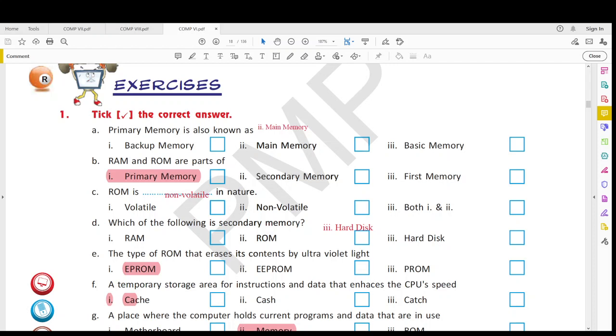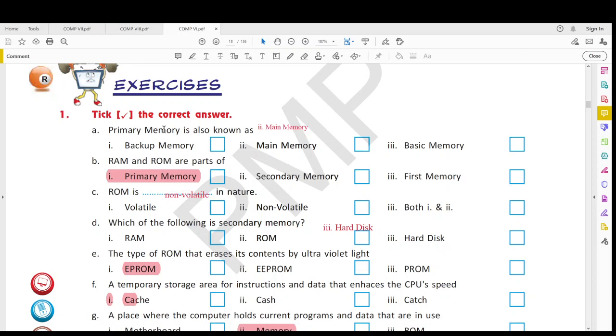So you will find that I have already marked the correct answers in the book. The PDF I am sharing, I will explain those answers in this tutorial. So let's begin. The first one, pick the correct answer.